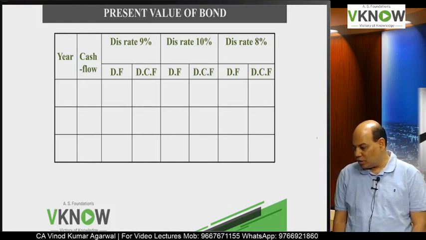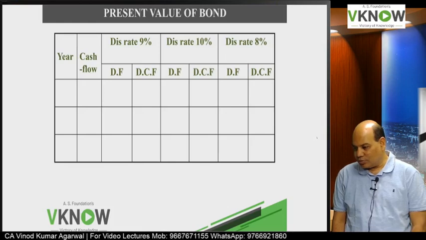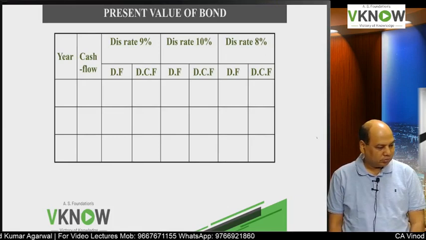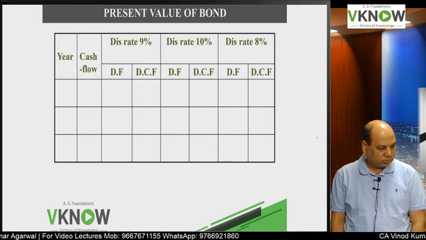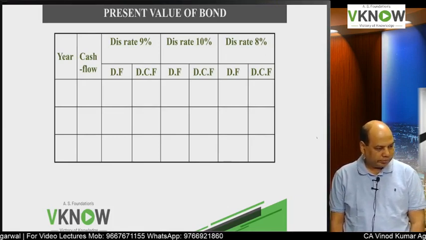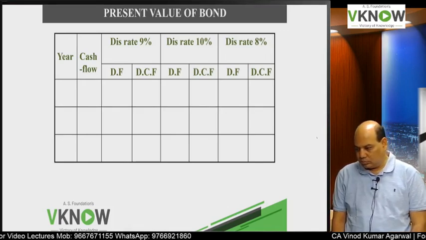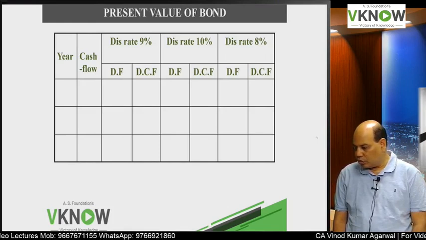Then discount rate 8%. Under that two columns, discounting factor, discounted cash flow. Have you drawn the format now?